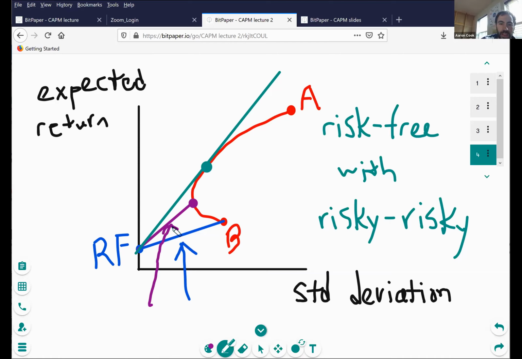And notice that as we move from any portfolio along the blue line toward any portfolio along the purple line, we're moving toward the northwest, which is where we want to be. We prefer to have this portfolio be as far up in this northwest corner as we can, where we have high returns and low risk.